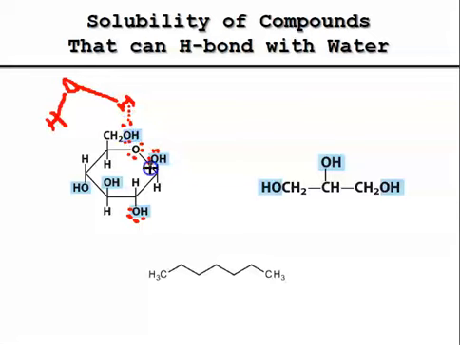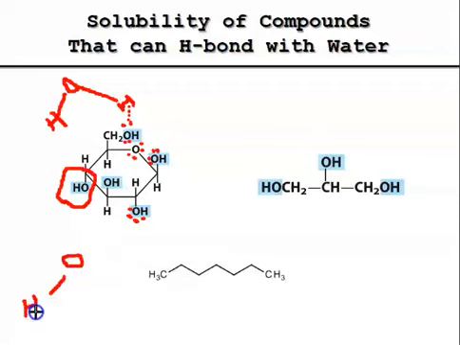Now, let's clear this. Actually, I don't want to clear this. Let's draw out what's happening with this OH group. So if we kind of draw that out, we have an OH.